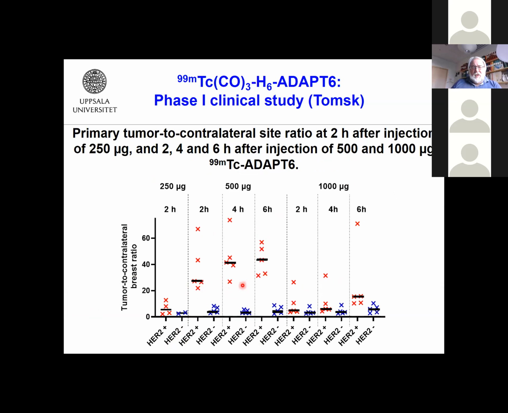And we could very clearly see that at any time point, the uptake of activity in HER2 positive xenografts is much higher than uptake in HER2 negative. So we have a clear cutoff value here, and 500 microgram was an optimum. So it was a very good clinical study we did together.